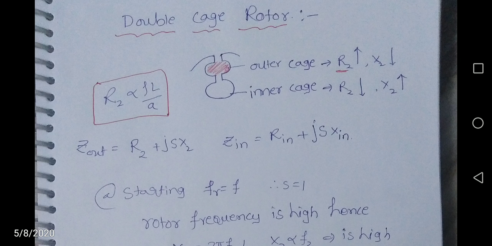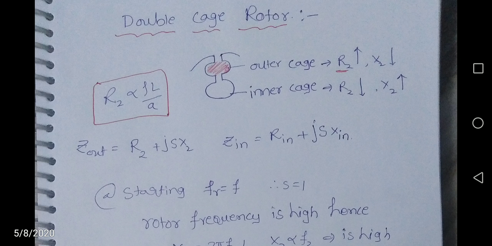When resistance increases, the high starting current comes to a medium level, and starting torque increases, and starting power factor increases. But in the skewed rotor method, the disadvantages overcome are very less, because the rotor resistance increase in the skewed rotor method is very less.